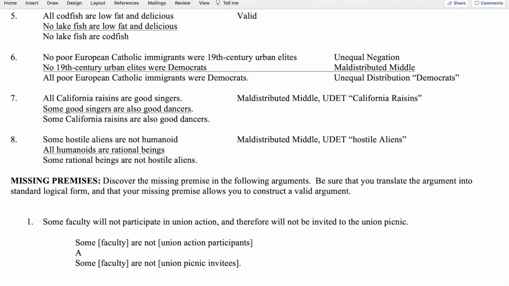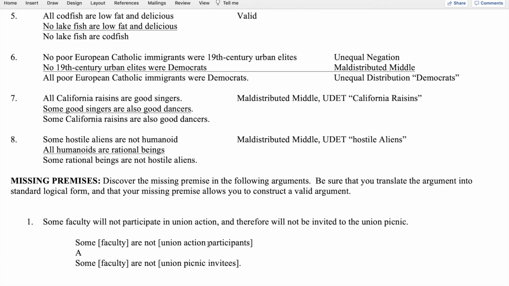So to avoid unequal negation, we have to have an affirmative statement. Then we can turn to the middle term, and we know that the middle term is union action participants. We know that because it is not in the conclusion here. So it's the term that appears in the premise but does not appear in the conclusion.